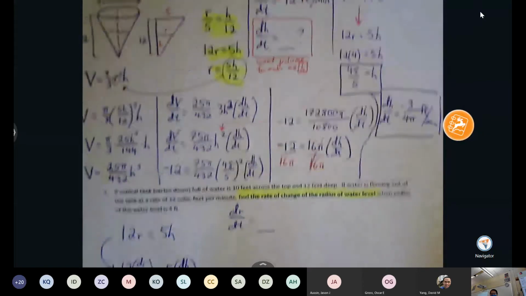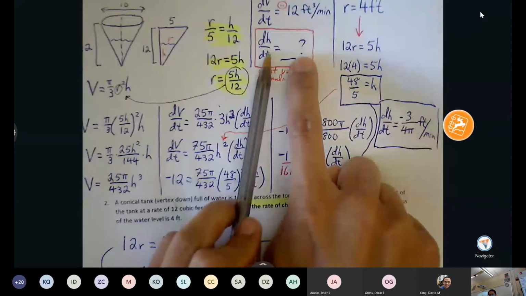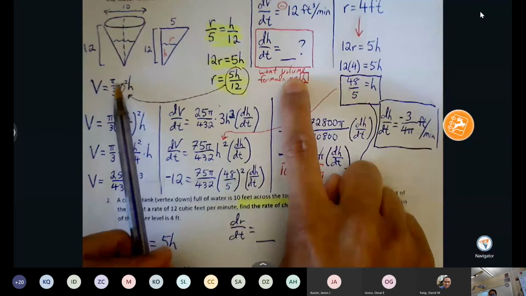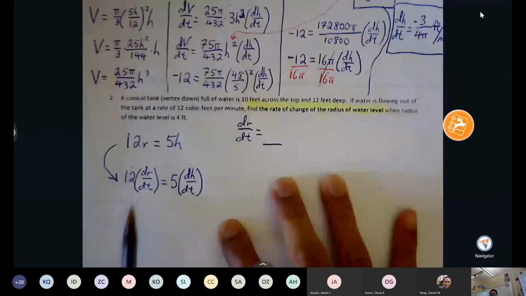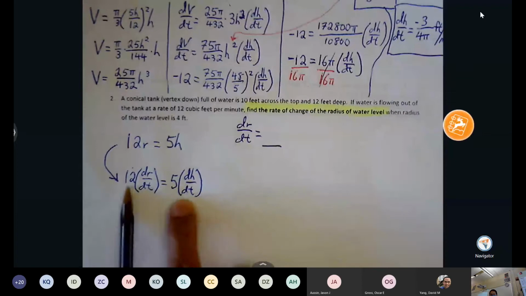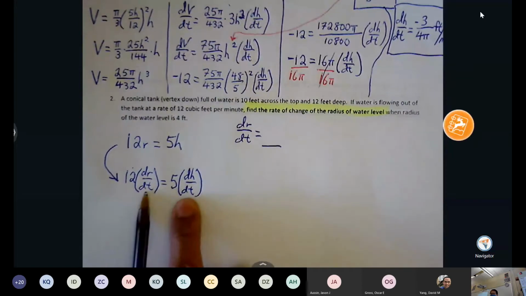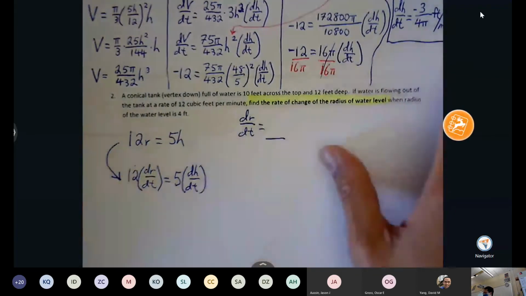So that's what I was saying before, how ideally if you find that you messed up and you solved in terms of r instead of h, you can still get to the correct answer because you can create a quick derivative equation that can help you connect from one rate to the other. Okay, so let's just finish this problem here.